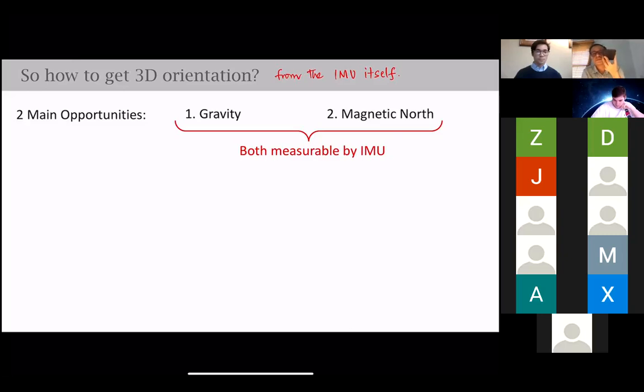I would be inclined to say no, because gravity isn't the only force that's acting on an object. Correct. So let's say the phone is static. So there's no other force other than the gravity. And the phone is like this. And gravity now is in the negative z direction, because this is the z direction.